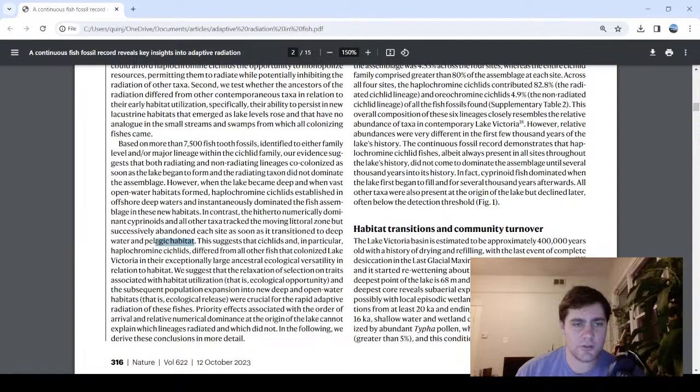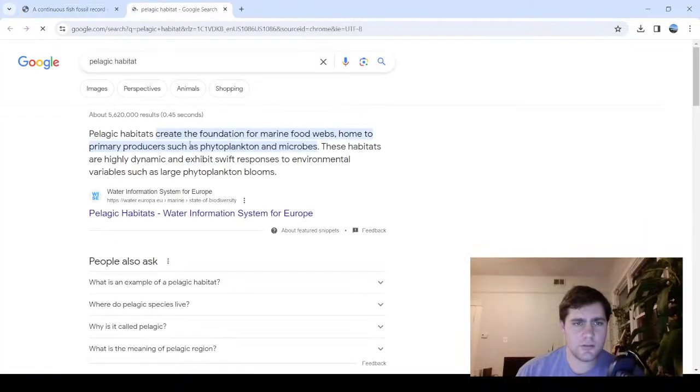And this word too, pelagic habitat. Pelagic habitats create the foundation for marine food webs, home to primary producers such as phytoplankton and microbes. Nice.